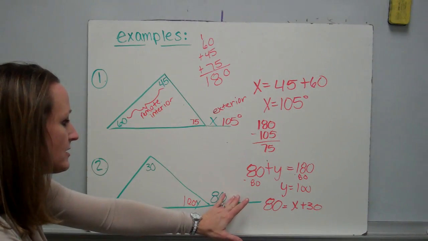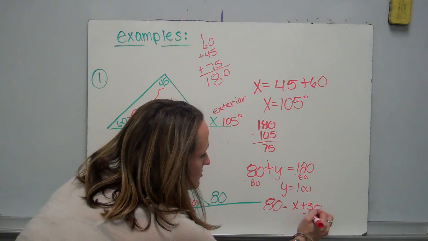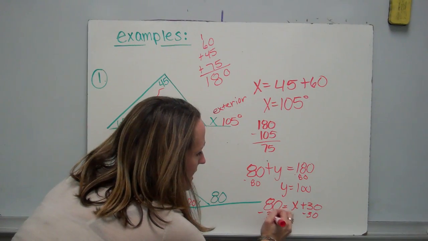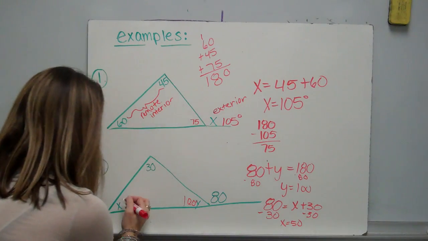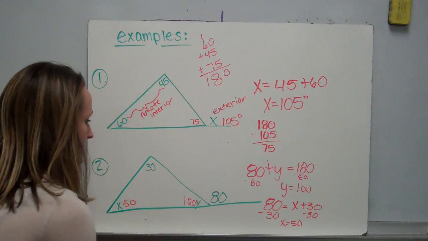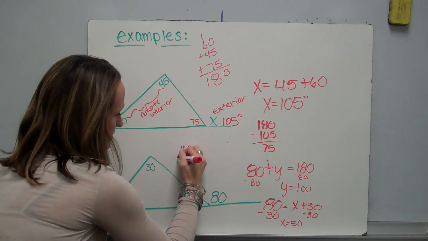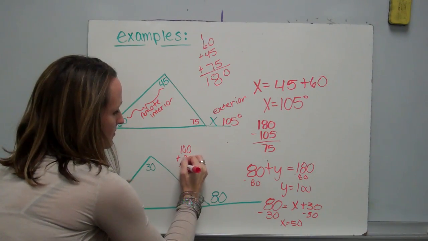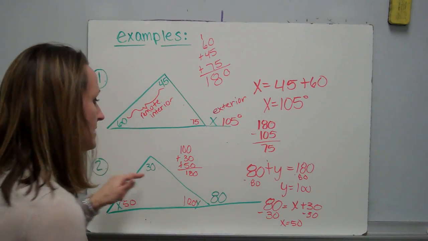So I took my exterior angle and set it equal to my 2 remote interior angles. So now if I subtract 30 from both sides, I find that x equals 50. Does this make sense? Well, if I add up my 3 interior angles, I have 100 plus 30 plus 50. That equals 180. So yes, it does work.